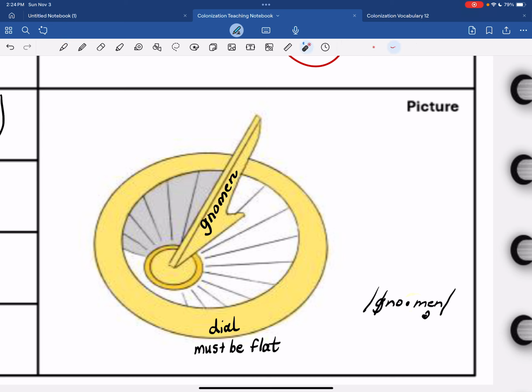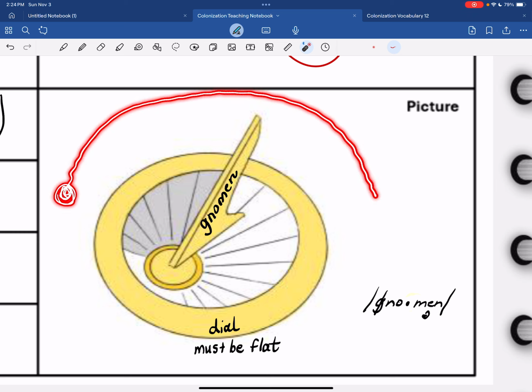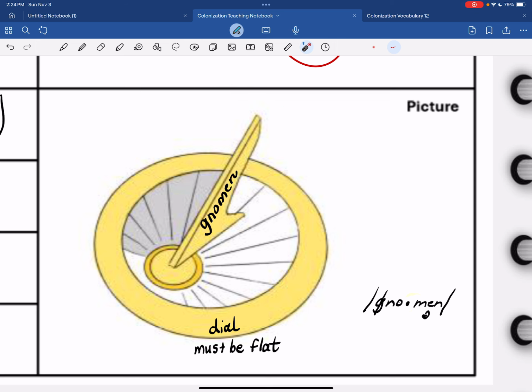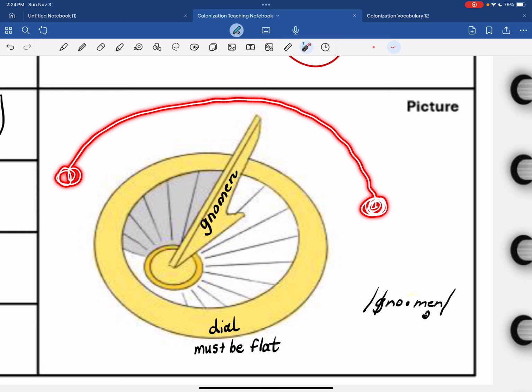So the sun would be moving up here. As the sun goes across the sky, I'm going backwards, aren't I? If this is north, south, east, west, the sun rises in the east and it moves in a westerly direction.